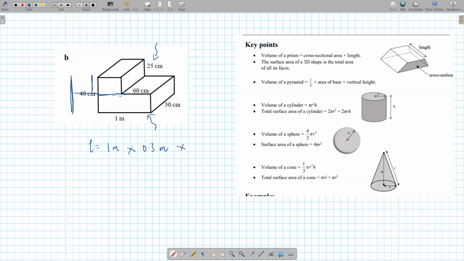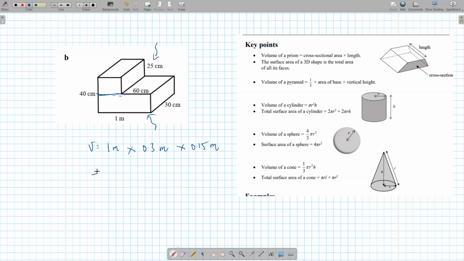The height for the top part is 25, so the height for the bottom part is 40 minus 25, which is 15. And what's 15 centimeters in meters? 0.15. Cool. So that's the volume of the bottom part.